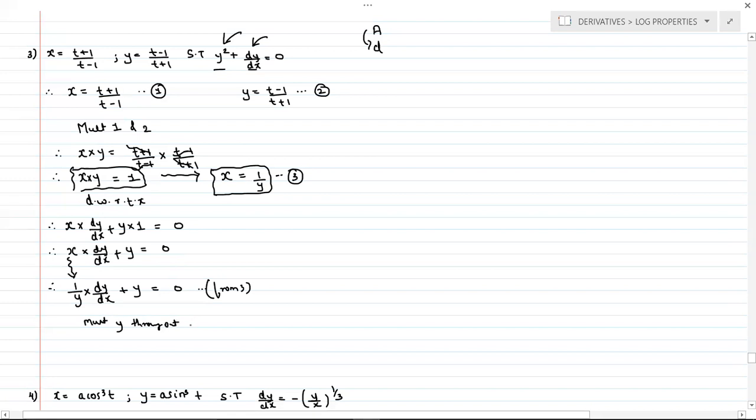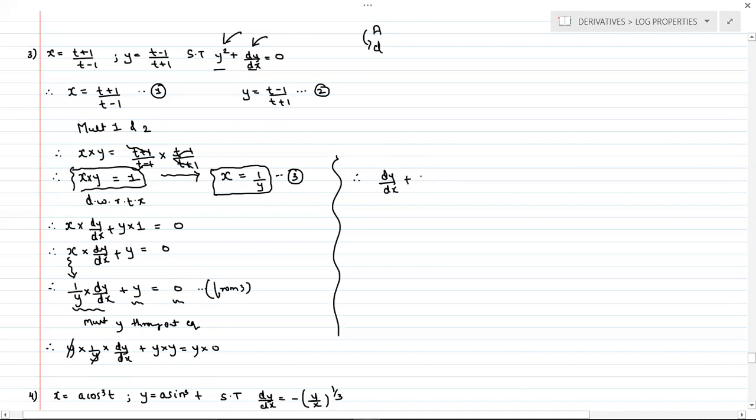Multiply y to each and every term. So y into 1 upon y into dy by dx, the y will get cancelled, 1 into dy by dx gives dy by dx, plus y into y will be y square, y into 0 will be 0. So that is y square plus dy by dx equals to 0.